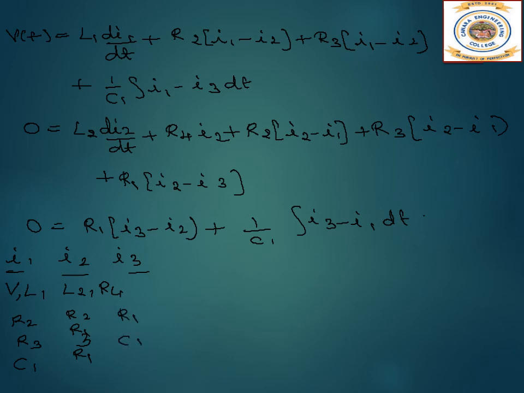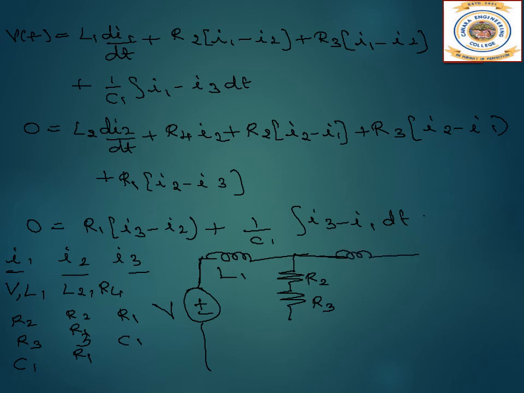So let us draw the circuit over here. In loop 1 we have the source V, then L1, which is in loop 1 only. Then R2 and R3 come between loop 1 and loop 2, so I will draw them here. This is R2, this is R3. In loop 2 we have L2 and R4.